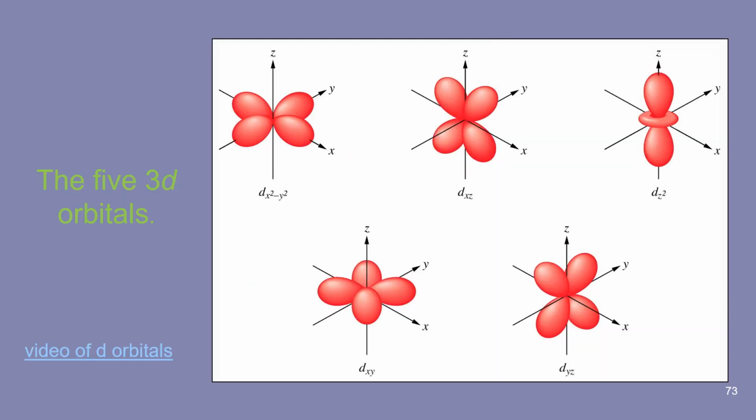And then these are what the d orbitals look like. These happen to be the 3d orbitals, and we're just really not going to worry about them. This video is kind of interesting if you want to see where they come from.